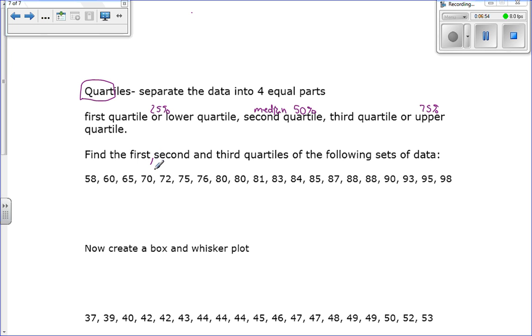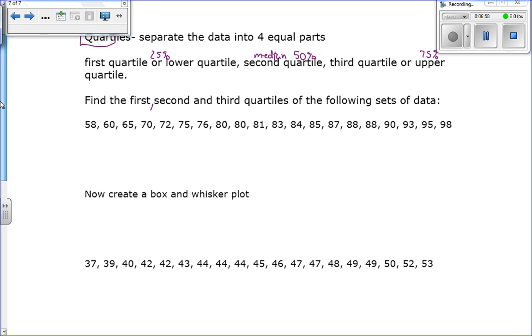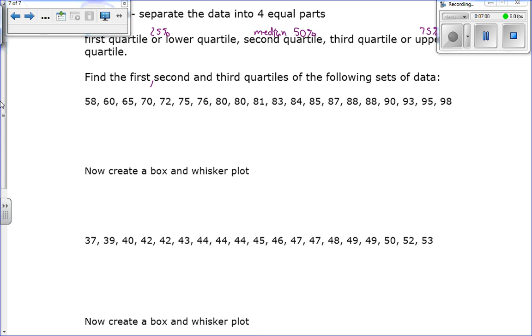Find the first, second, and third quartiles of the following sets of data. Well, in order to find your quartiles, your data has to be in order from smallest to largest. And to save time, I listed our data out as smallest to largest. Now, I need to find out how many pieces of data I have and where my middle actually is.